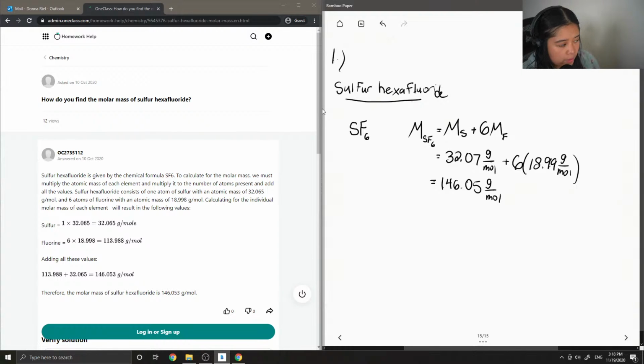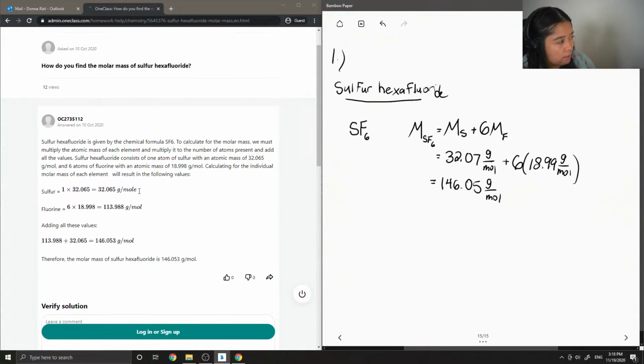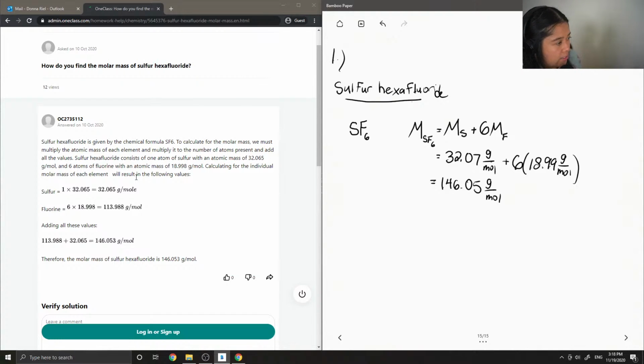Let's see what the junior tutor said. Sulfur hexafluoride is given by the chemical formula SF6. To calculate the molar mass, we must multiply the atomic mass of each element by the number of atoms present and add all the values. Sulfur hexafluoride consists of 1 atom of sulfur with an atomic mass of 32.065 and 6 atoms of fluorine with an atomic mass of 18.998.